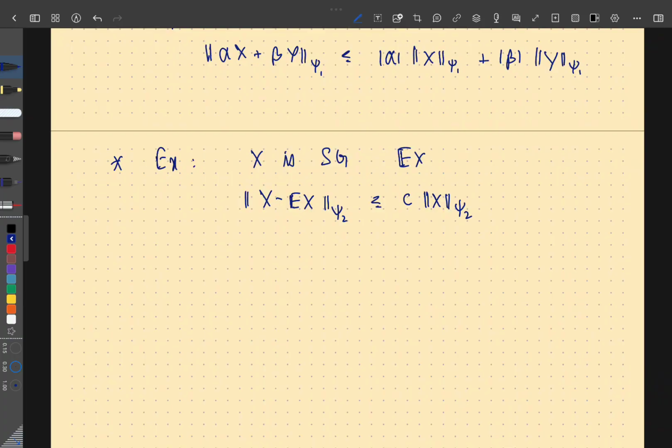This is particularly useful. You can also show that if x is subexponential, then of course the expectation of x is subgaussian and therefore also subexponential. X minus the expectation of x is also subexponential, and the subexponential norm is again less than or equal to some universal constant times the subexponential norm of x.